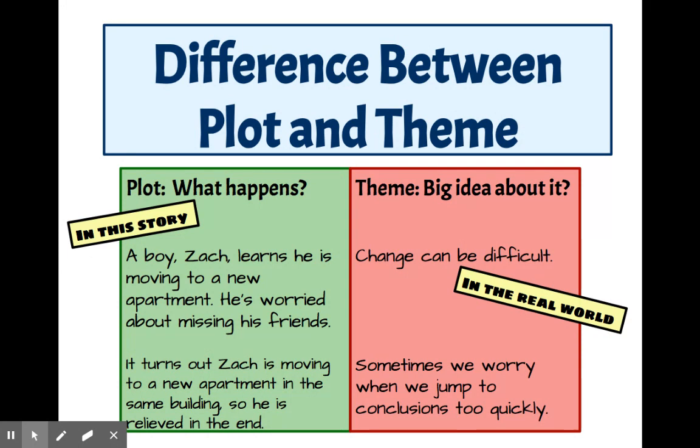Well, that's what happens in this story, but in the real world, maybe that transfers to the idea that sometimes we worry when we jump to conclusions too quickly. So notice that the theme never is specifically about the characters in one story or what actually happens in one story. It's always about a much more abstract idea that plot fits into.